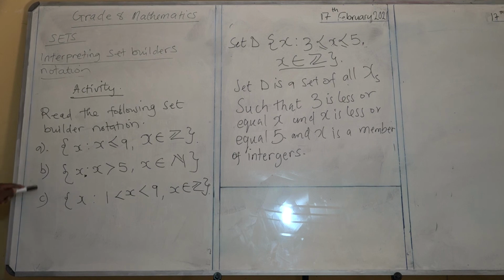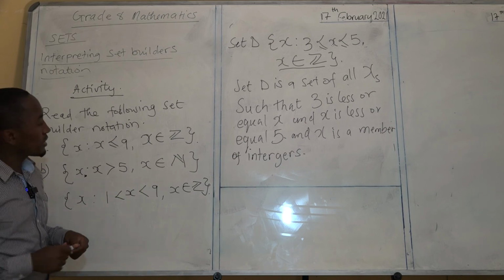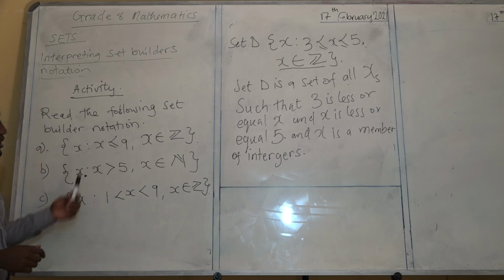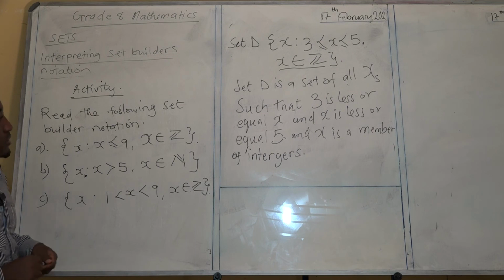So we have A, B, and C. So this is your activity. When we meet next, we are going to discuss this activity.